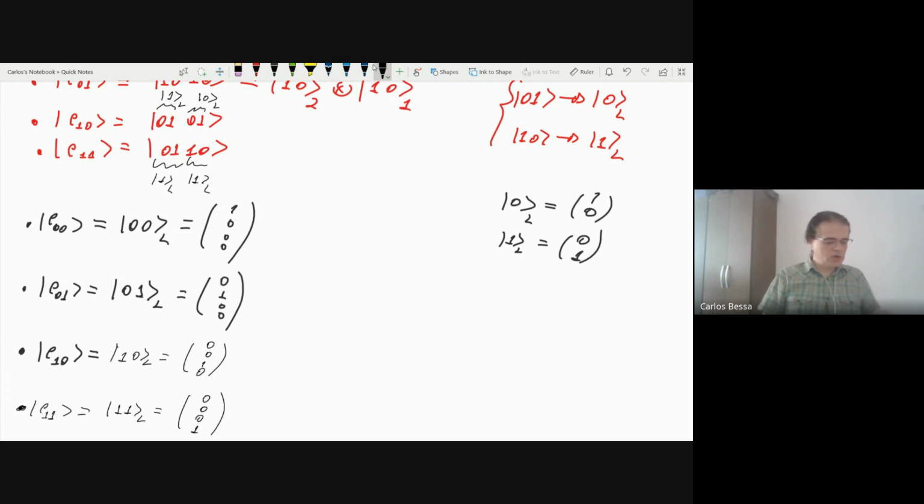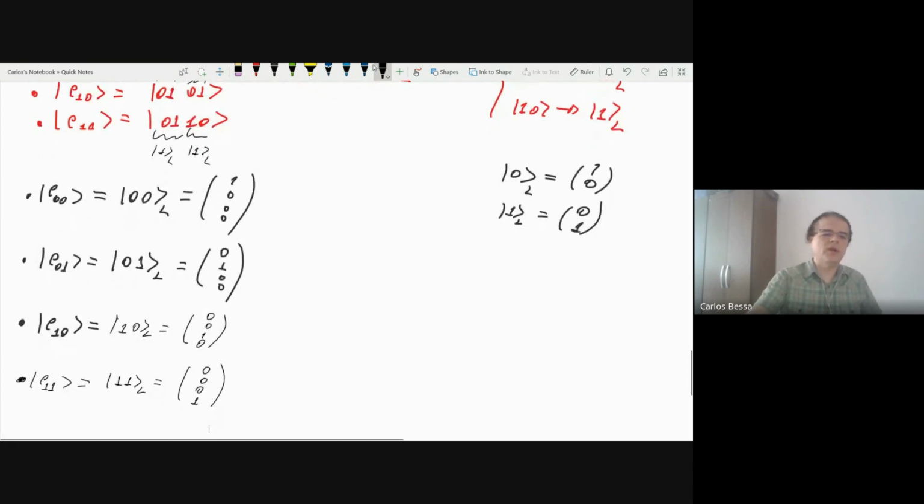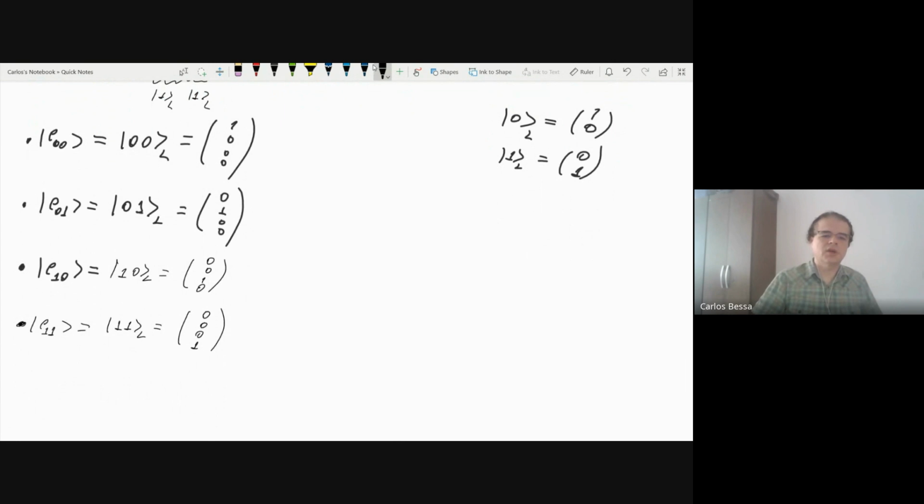And okay, we know what K does when applied to these states. And we could use this to build the K matrix notation. So I know that K applied to the mode 0, 0 is 0, 0. Okay, it doesn't change.